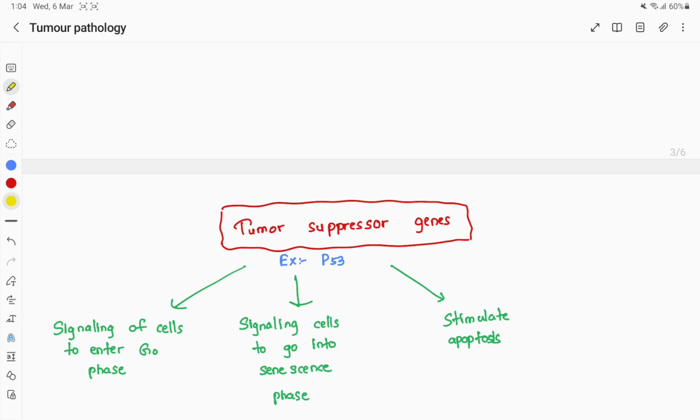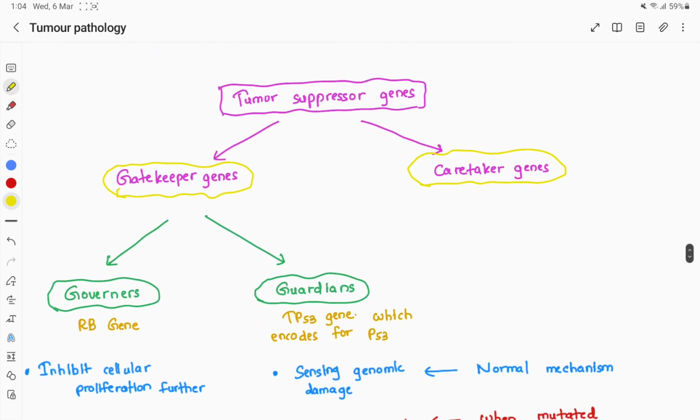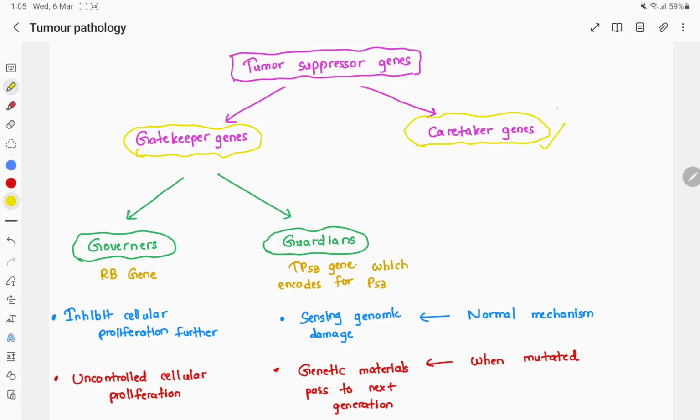The other thing you have to remember is that tumor suppressor genes are divided into two types: gatekeeper genes and caretaker genes. Caretaker genes are involved in the DNA repairing process, maintaining genetic stability and minimizing the rate of mutations that occur in cells. Gatekeeper genes can again be divided into two types, governors and guardians.